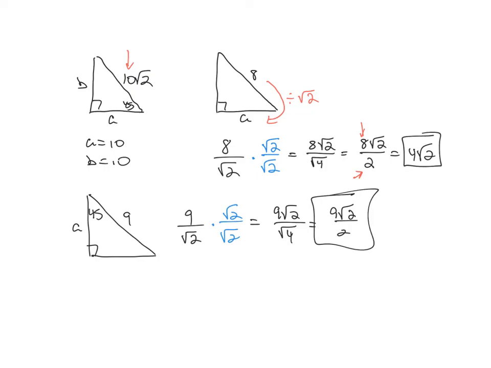Okay, so there's really only, well, I suppose I could do this. Then we could have one like this top part. Okay, where you know the hypotenuse, but you have the square root of 2, and then it's just the number that's in front.